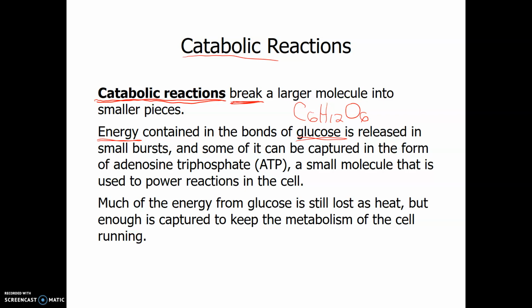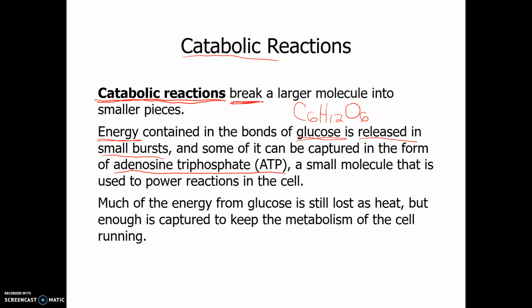Those chemical bonds store potential energy. So when those chemical bonds are broken, that energy is released in small bursts, and some of it can actually be converted to adenosine triphosphate or ATP. And that is the molecule that is used for energy in cells.